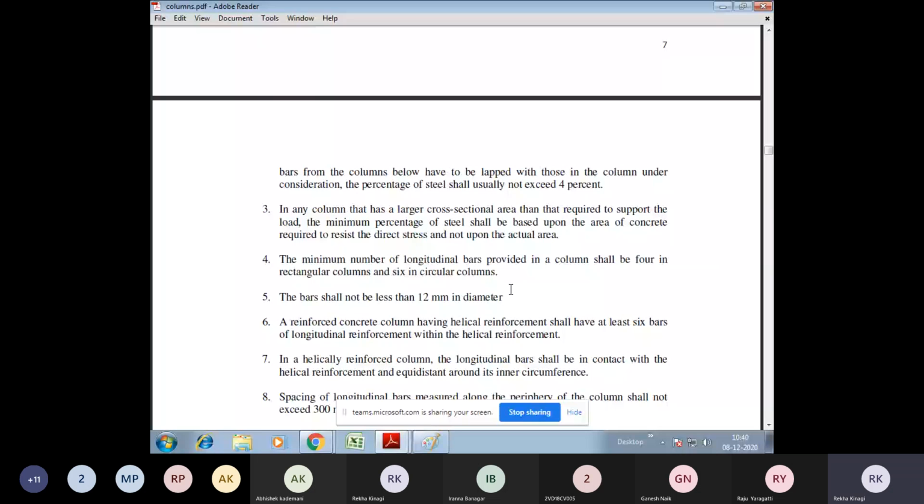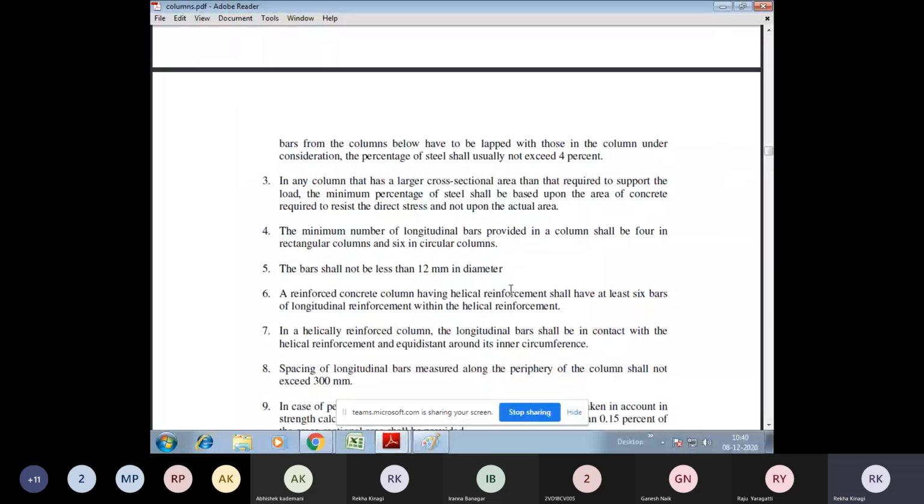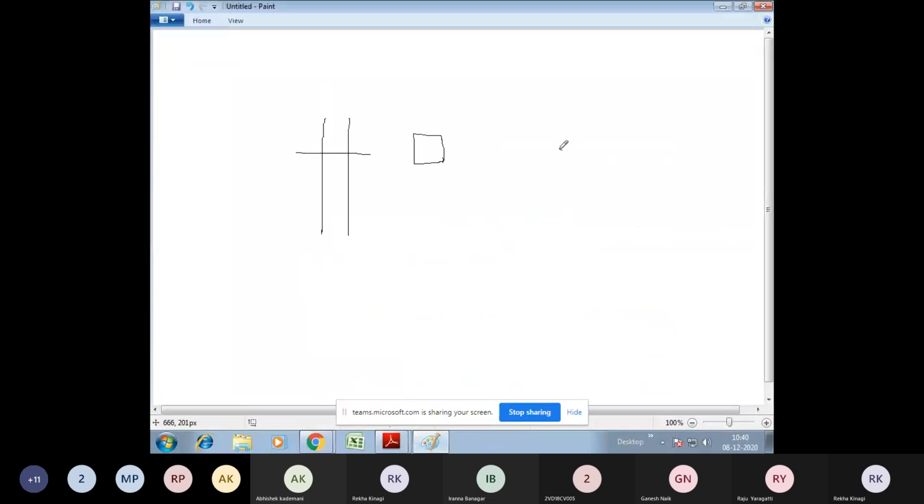A reinforced concrete column having helical reinforcement shall have at least 6 bars of longitudinal reinforcement within the helical reinforcement. If the column is circular in nature, we will have the helical reinforcement.